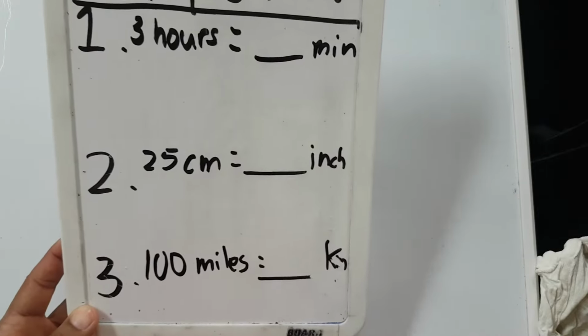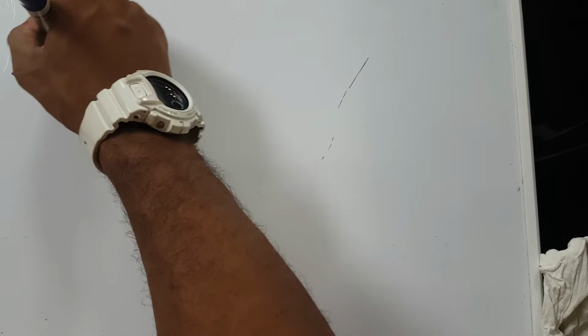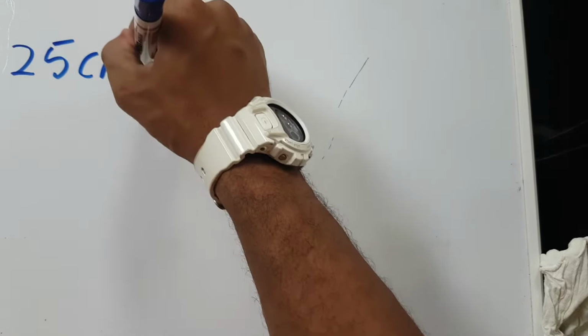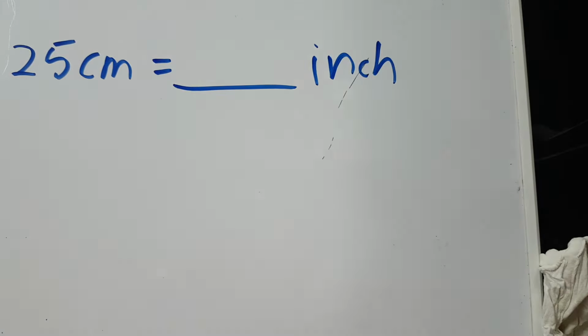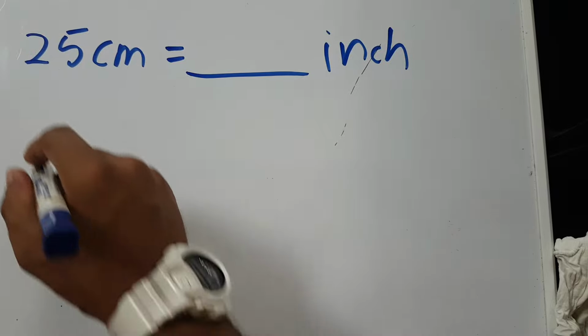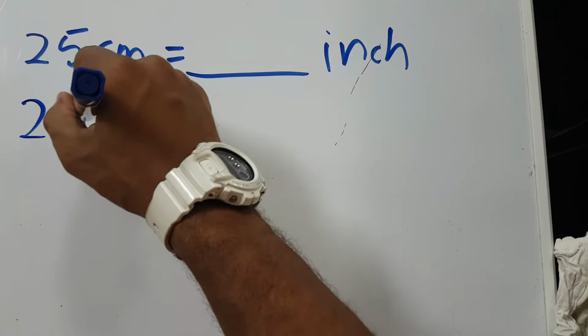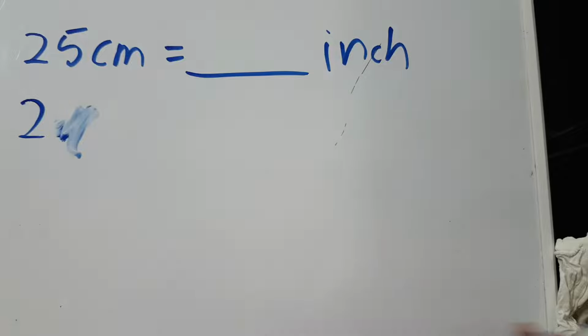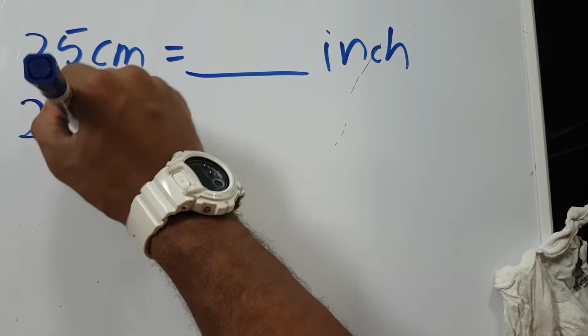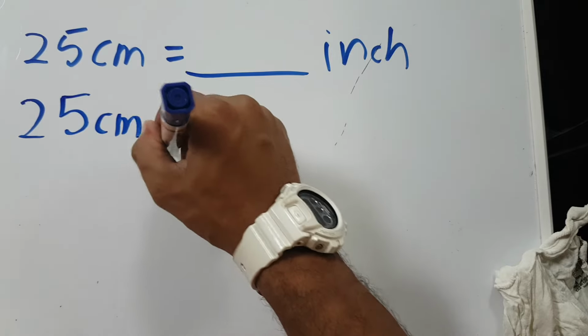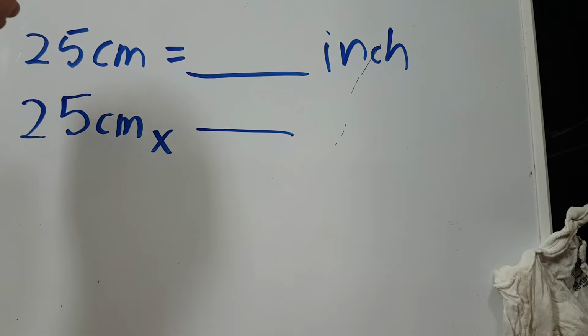Number 2 is 25 centimeters to inches. So let's write it down. Number 2, convert 25 centimeters to inches. We multiply 25 centimeters by our conversion factor.